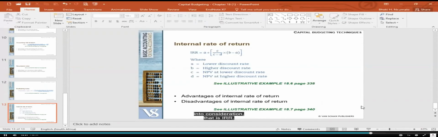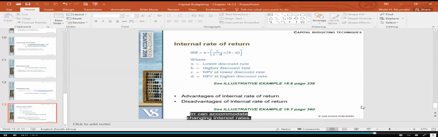Let me take only two disadvantages of internal rate of return. IRR cannot accommodate changing interest rates. That is one. Number two, it is a relative figure, whereas NPV is an absolute figure. Therefore, IRR can give a different ranking from the ranking proposed by net present value.